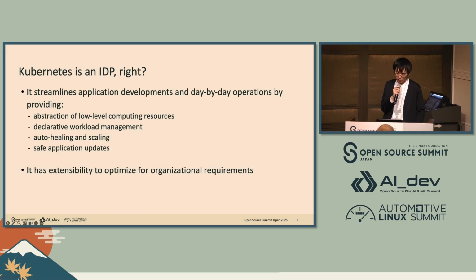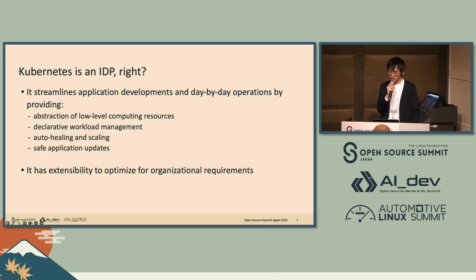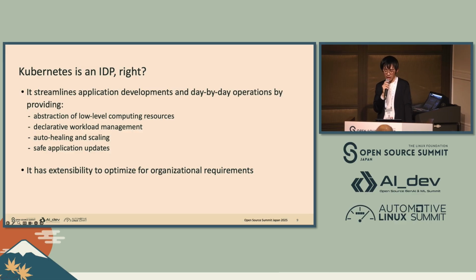So you might think that Kubernetes can also be an IDP in the sense that it reduces non-essential tasks in developing and operating applications. And in fact, Kubernetes can do that.